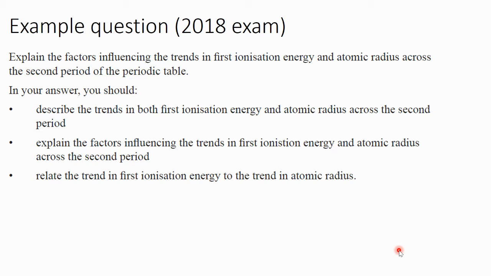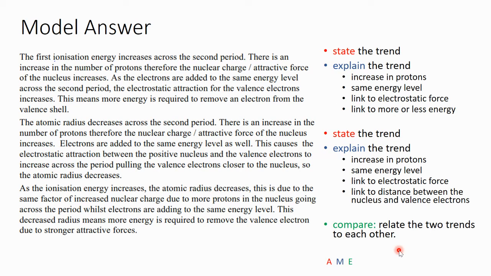In your answer, you should describe the trends in both, explain the factors influencing them, and relate the trend in first ionization energy to the trend in atomic radius. Okay, this is the model answer that was given for the assessment. Let's break it down.